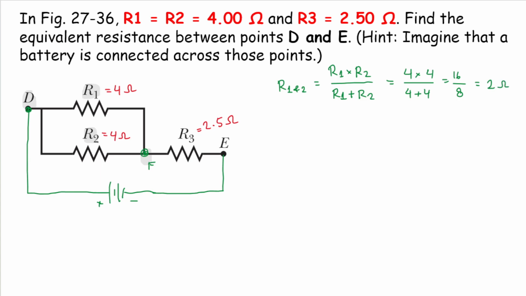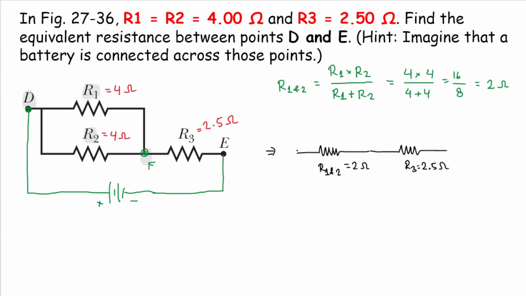Good. So we can redraw the circuit here. So we will have this single resistor here with the value of 2 ohm, right? So we'll have R1 and 2 that will be 2 ohm. And that will be in series with R3, right? So we will have R3, and that R3 is 2.5 ohm.